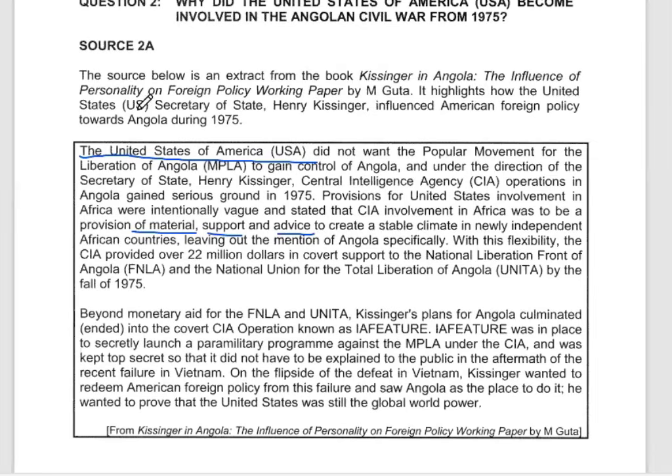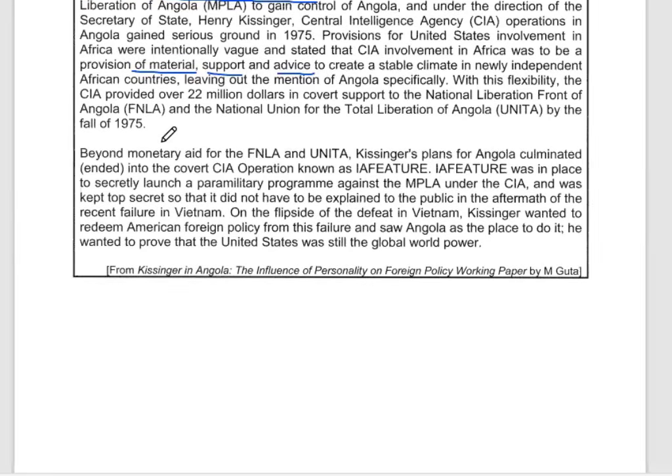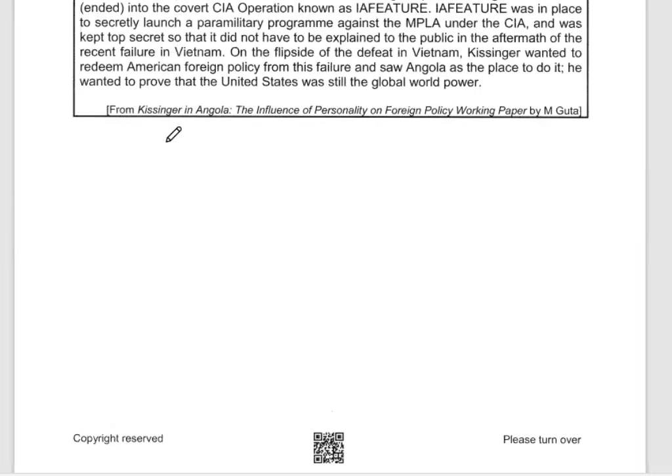It highlights how the United States Secretary of State Henry Kissinger influenced American foreign policy towards Angola. Right. So when we're looking at the limitation of this source, we are looking at question number 214. Right. This source is limited in the sense that it's biased.